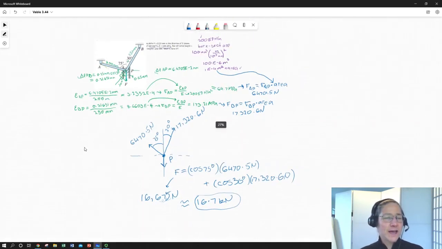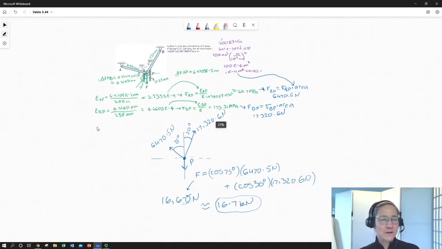So, to recap, to approach this problem contextually, first we looked at the displacement of point P, which presumably we could measure. We related that to the stretch, the lengthening along their axes of AB and BP.